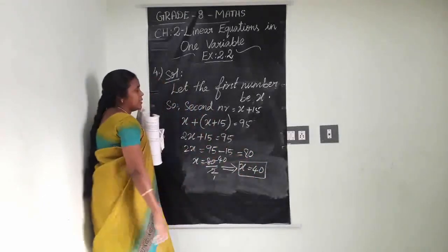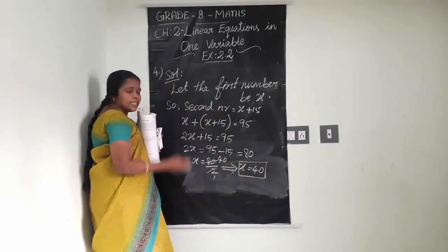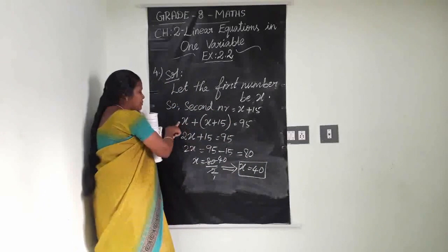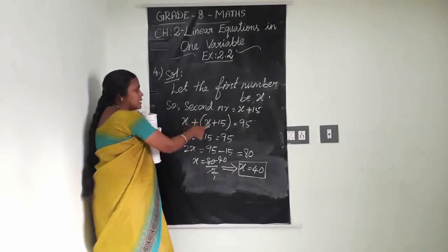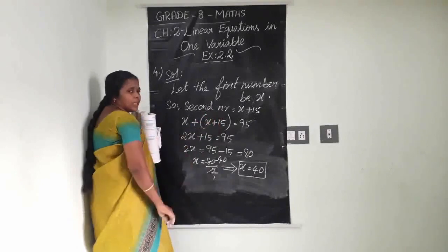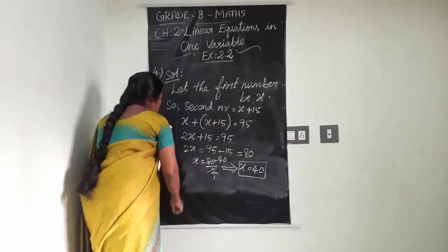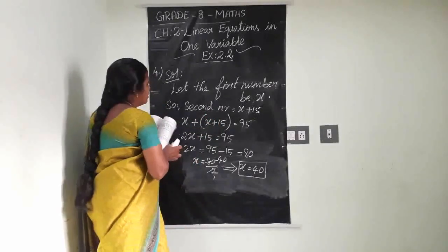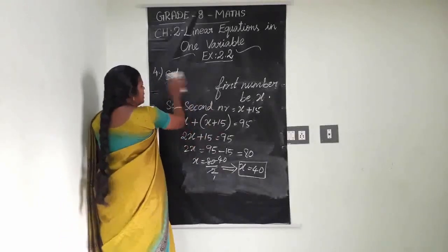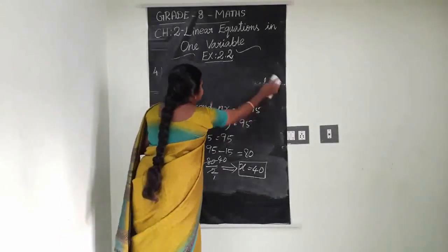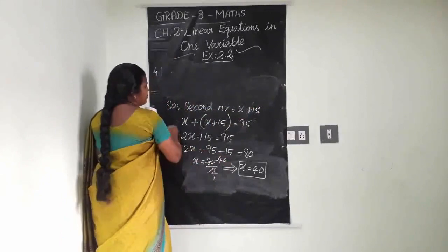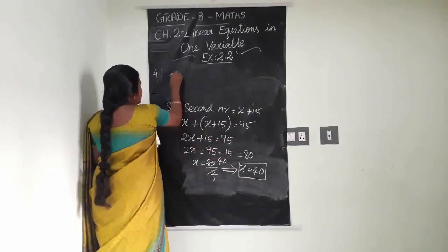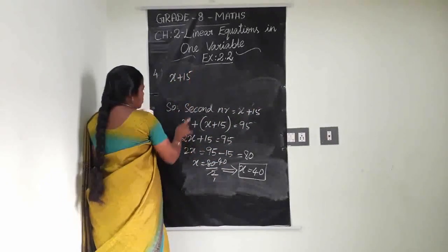What is x? We assumed it as the first number. So if the first number is x, what is the second number? x plus 15. That means 40 plus 15, nothing but 55. So we can write, copy down neatly in your classwork. First number 40 means second number is x plus 15, no?